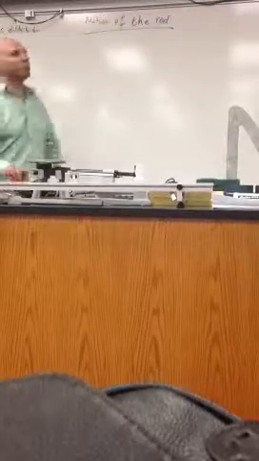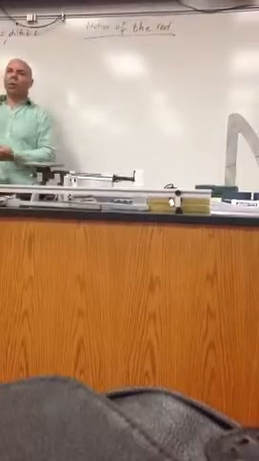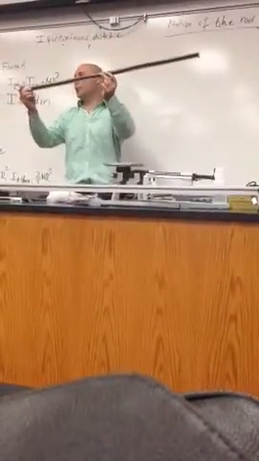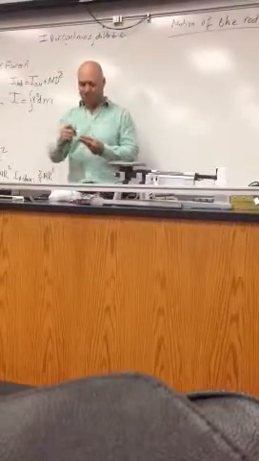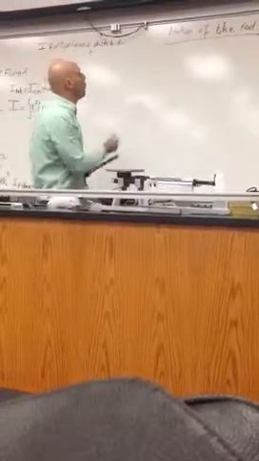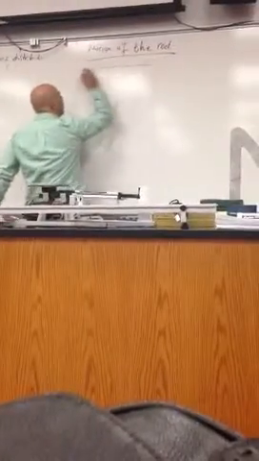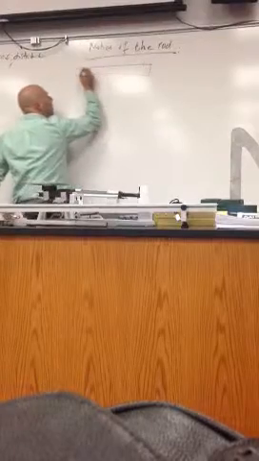Let's say that we have this rod rotating. It can be about the end or with respect to the center of mass. I will use about the end. From here, this is the axis of rotation.